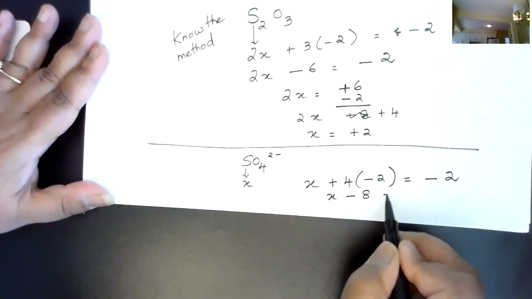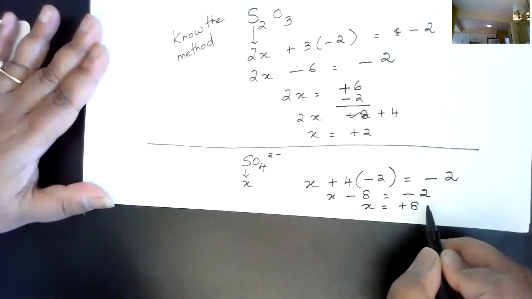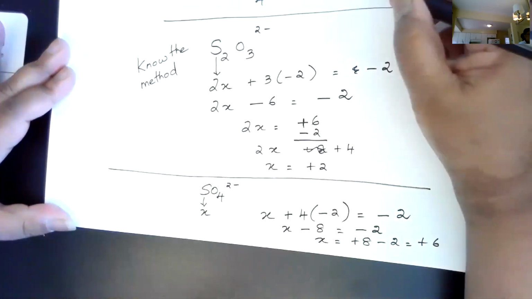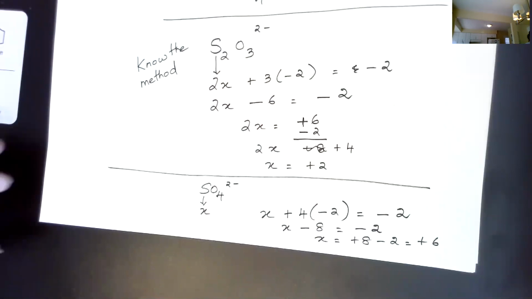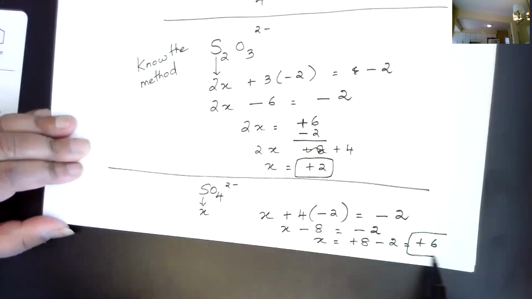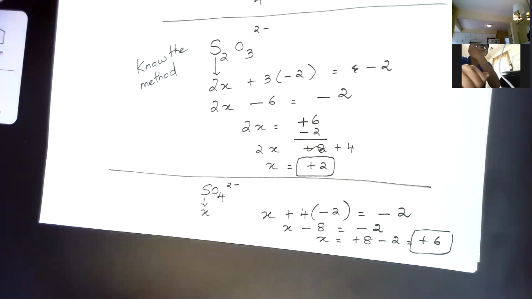So X minus 8 is -2, and X is +8 minus 2, this is +6. So you have to go through this process: balance the atoms, and then find the oxidation number for each one. If you know how to do these two, then you should be able to do them all.